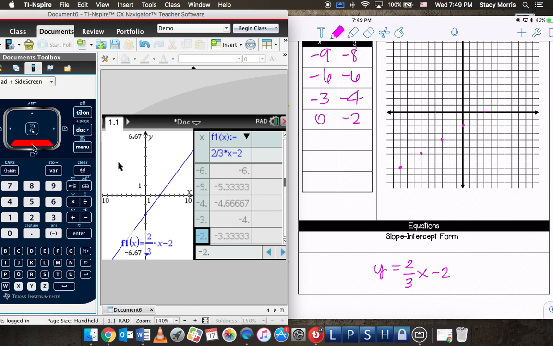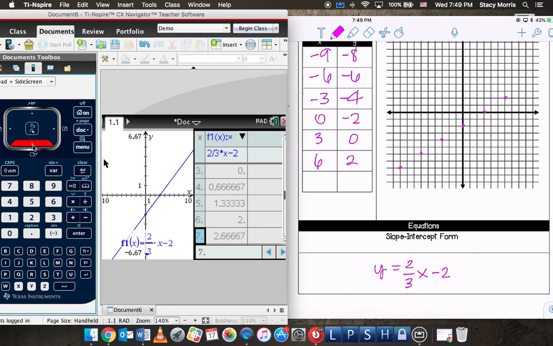So if I'm looking at my table, just to confirm, there's 0, -2. My next one should be 3, 0. There it is, 3, 0. All right, so from 3, 0, I'm going to go up 2, right 1, 2, 3. That's going to land a point right there. So if I check on my table, that point should also show up. There it is, 6, 2.